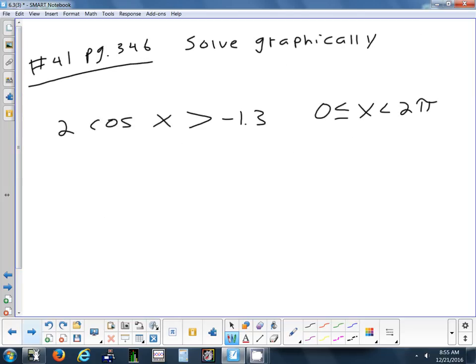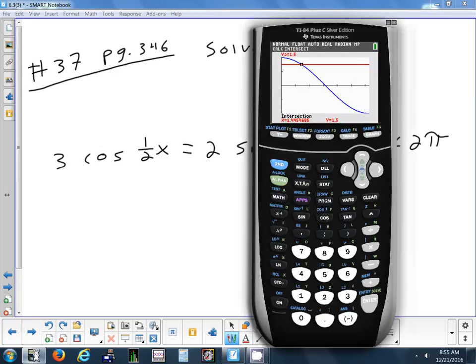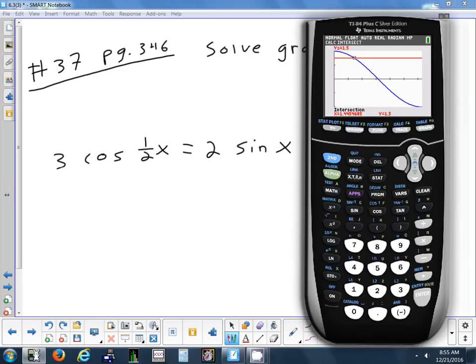All right, so here's one that's a little harder, but really not if you're using a graphing calculator. Algebraically, that would be a little challenging. But you're trying to find where two trig functions cross. So just graph them and see where they cross. Any ideas how many times they could cross at most?